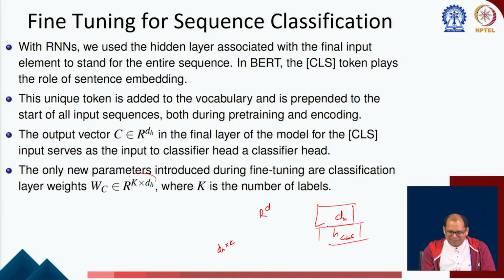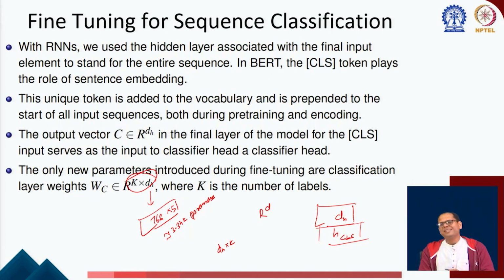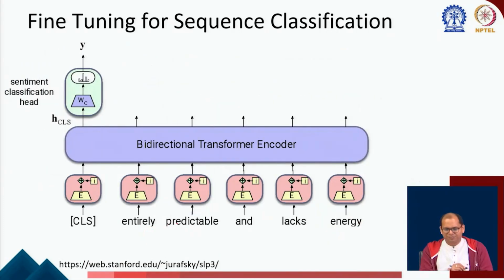So I only have k times DH parameters, and this will be very small. DH is around 768, and k is the number of classes, let's say 5 classes. So some 3000 parameters, right? Sorry, this is 3.84k parameters, very small compared to 110 million parameters.